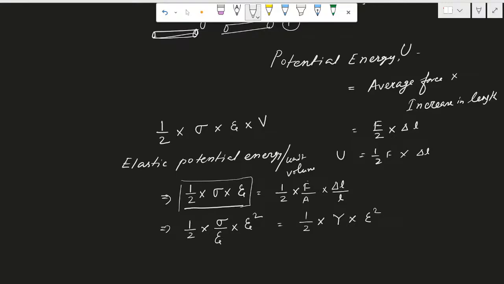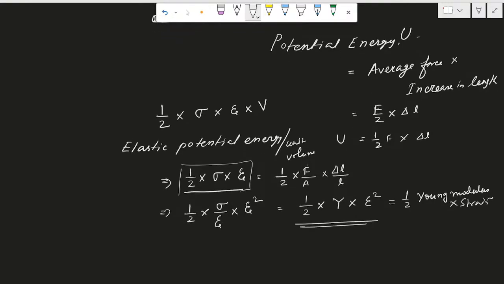Now which is quite similar to the potential energy in a stretched spring, because it is potential energy in a stretched wire, half into Y into epsilon square, or I can say half into Young modulus into strain square.